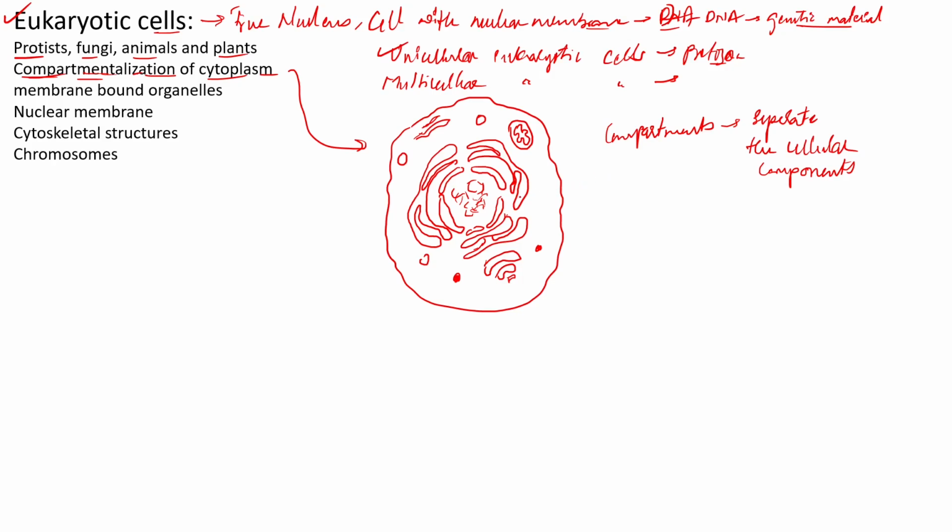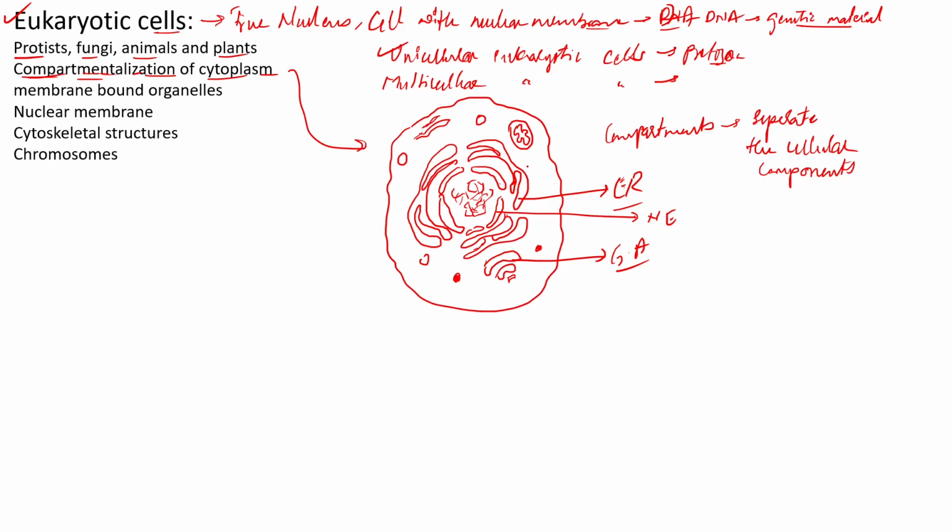For example, this part you are looking at is the endoplasmic reticulum, and this is the Golgi apparatus. All of these divide the cell into different compartments. Similarly you have the nuclear envelope, which is responsible for isolating the DNA, the genetic material, from the cytoplasm.